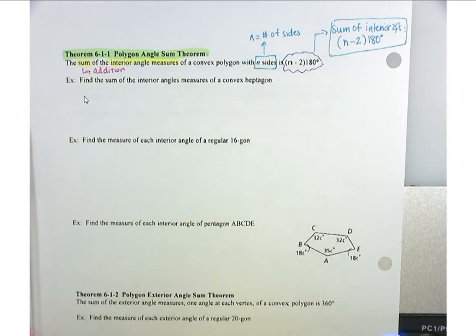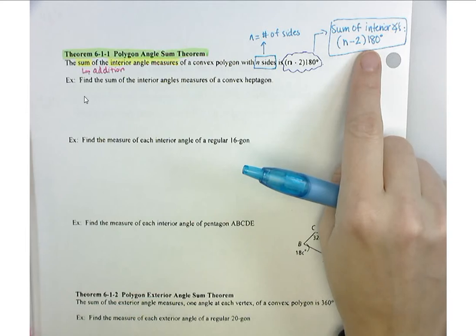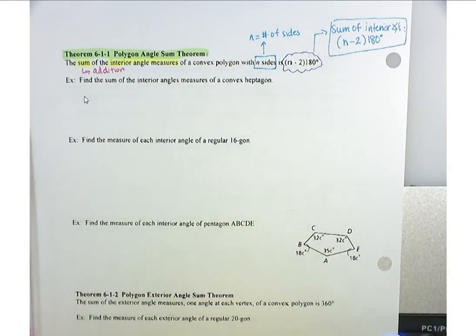Let's think about why this works with a shape we've talked a lot about this year, the triangle. How many sides does the triangle have? 3. So if I plugged in 3, 3 minus 2 is 1. 1 times 180. Don't we know that all of the angles of a triangle add up to 180? Yep. Another good visual is a square.